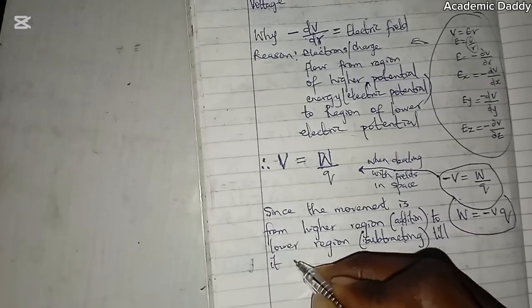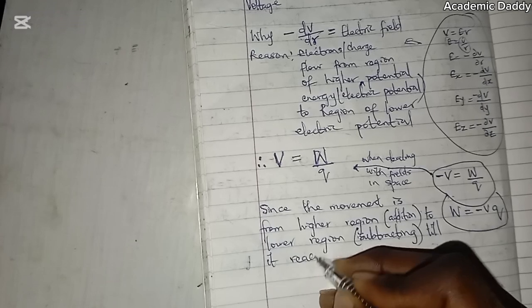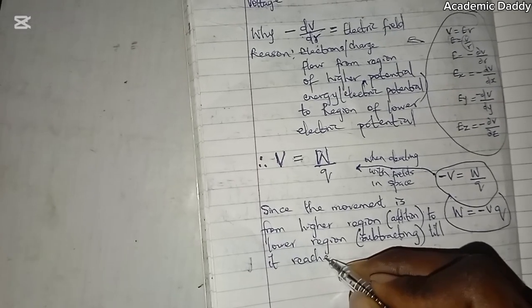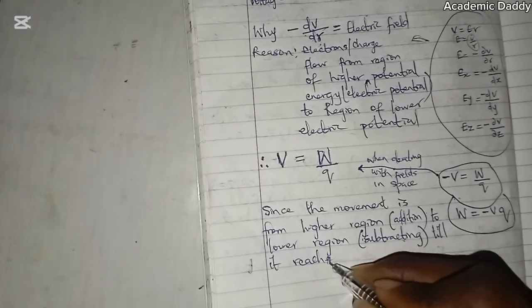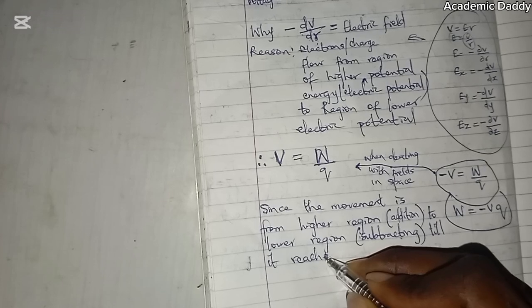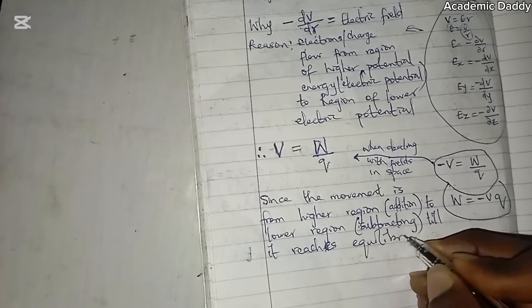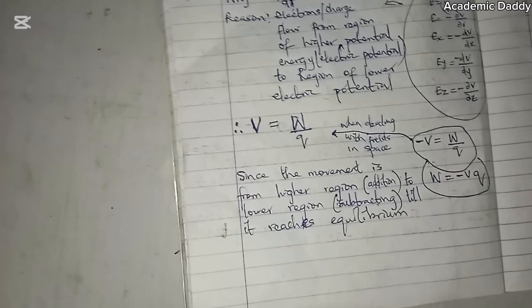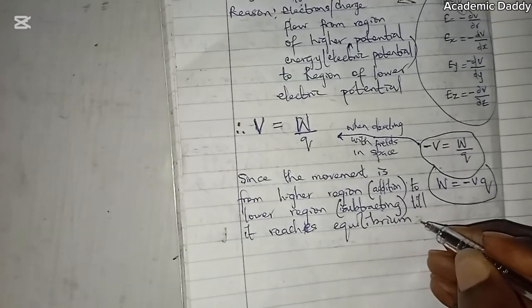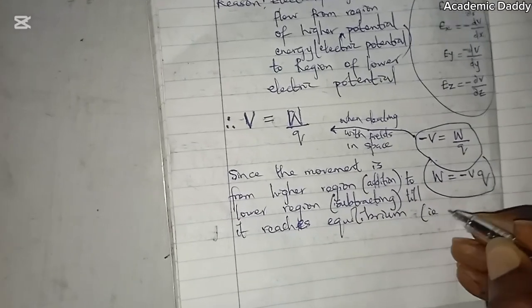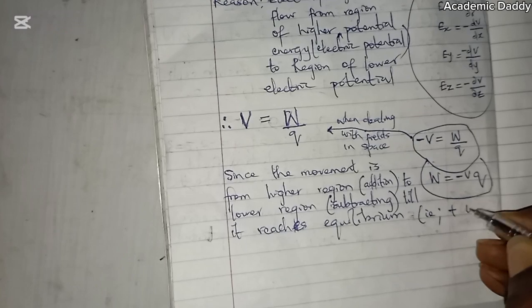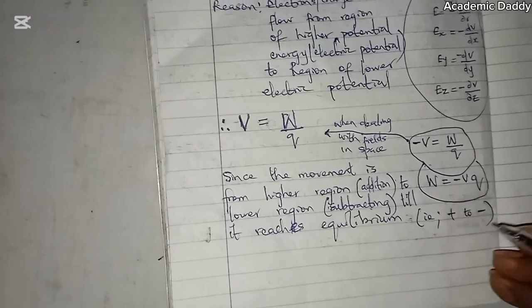Till it reaches equilibrium, then there will be no flow. So for that reason, it is good to go from positive to negative.